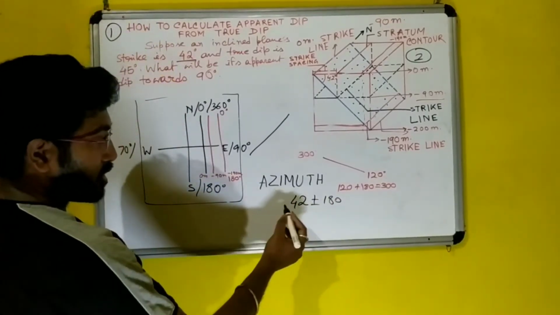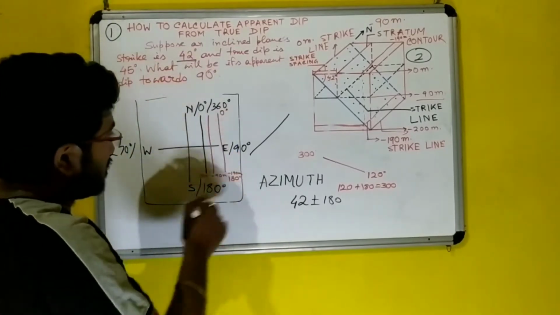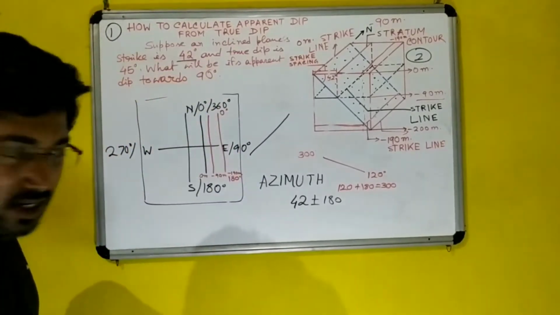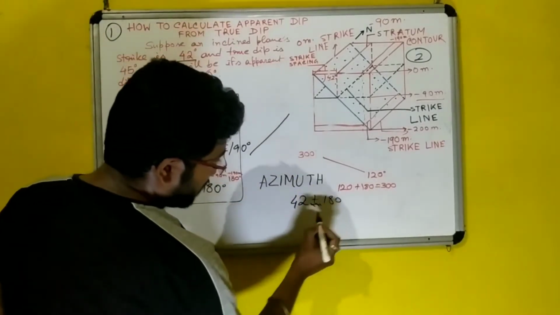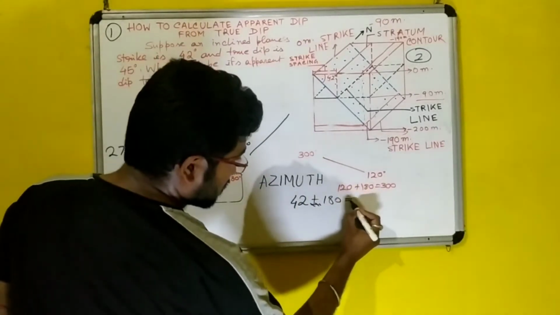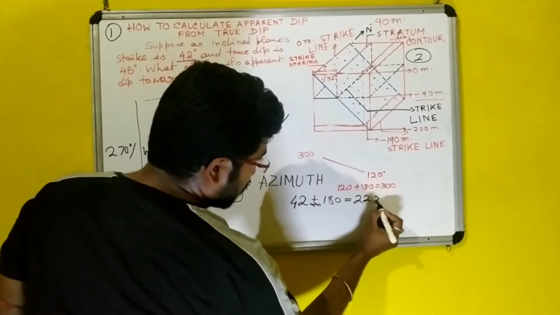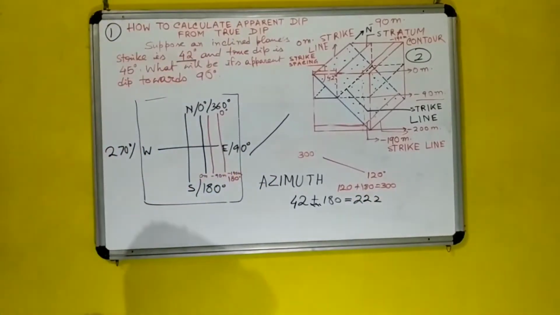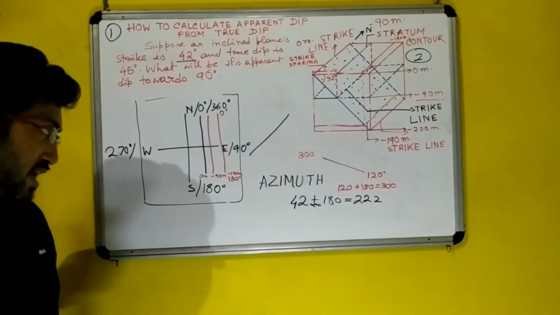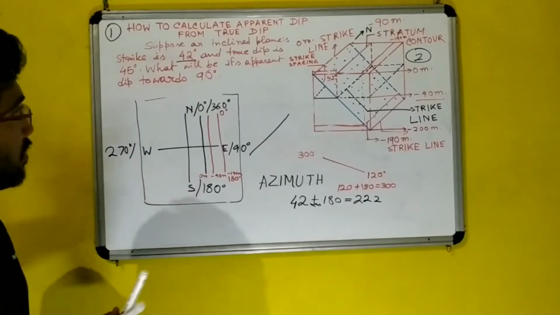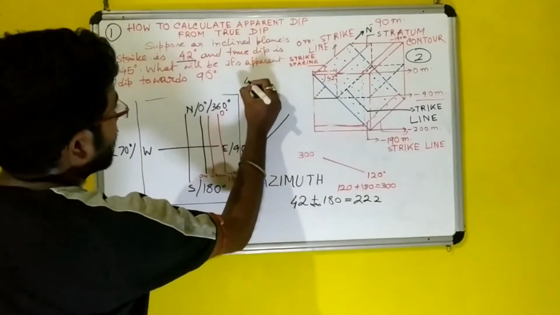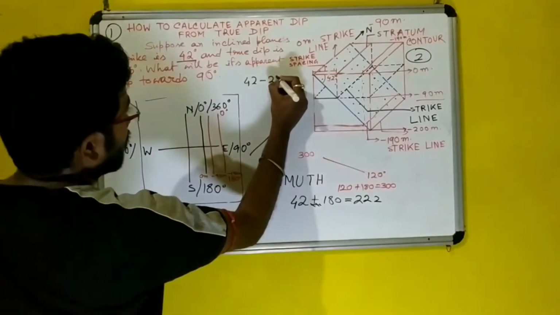If you subtract 180, it will be negative, but the azimuth cannot be a negative value, so you omit this. Here 42 plus 180 means 222. This is the strike of the plane. Means the strike of the plane is actually 42 and 222.